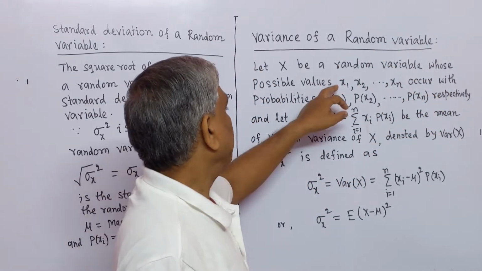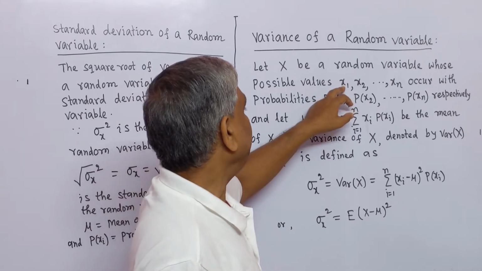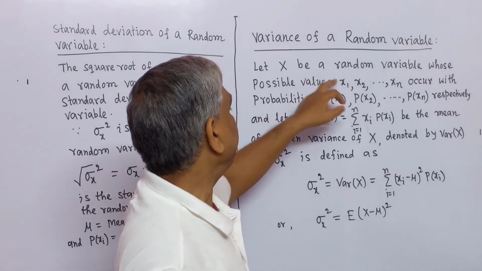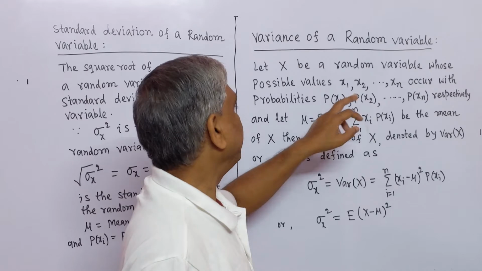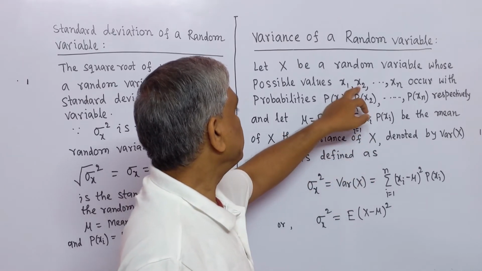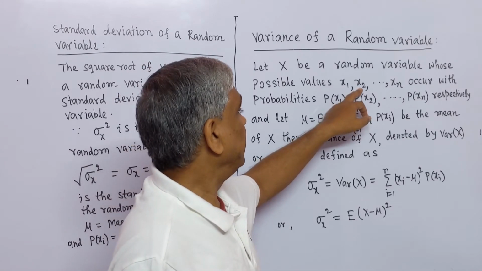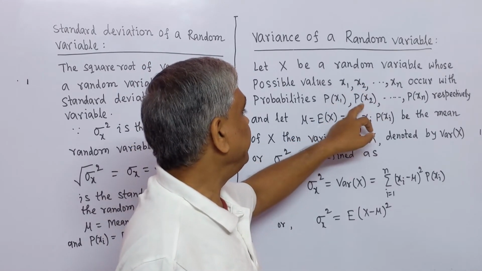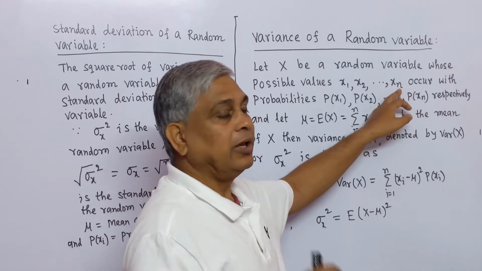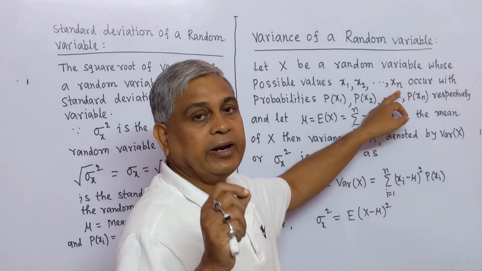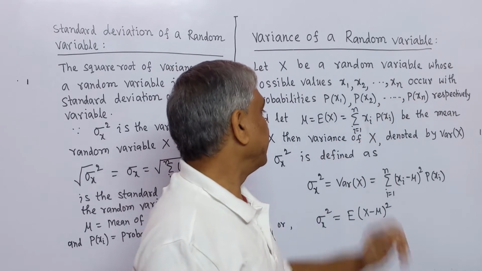That means probability of small x1, a value of a random variable, is px1. x2 is another value of the random variable and its probability is px2, and in this way xn is a value of a random variable whose probability is pxn.